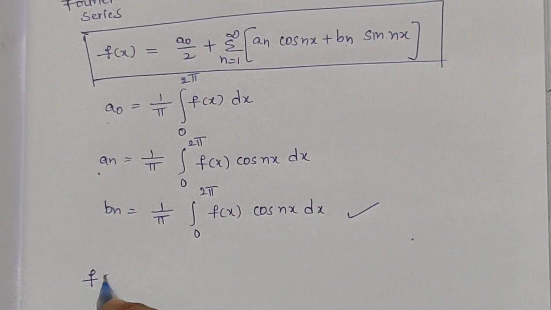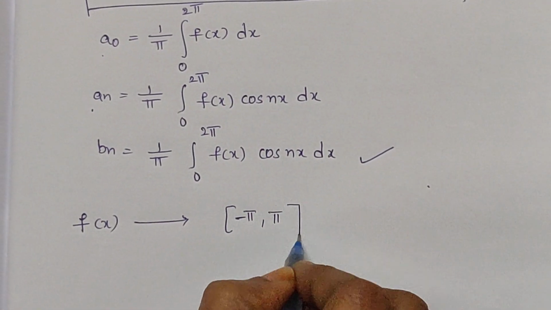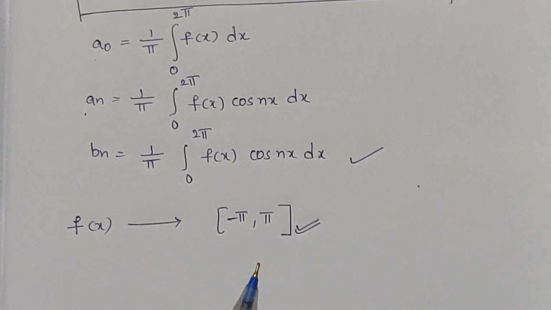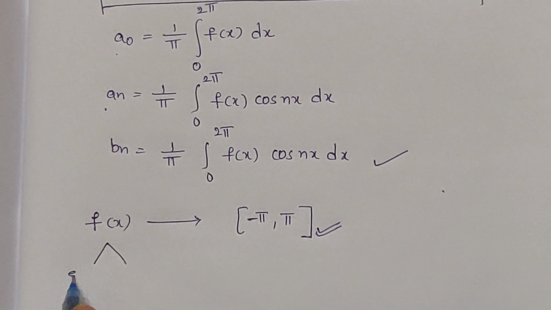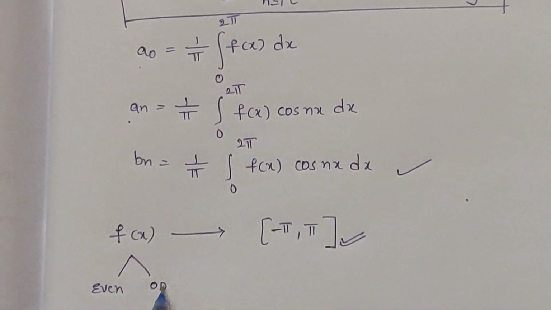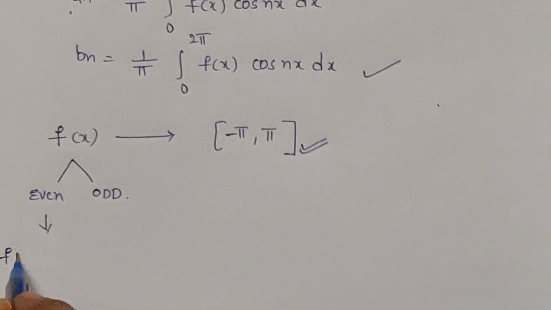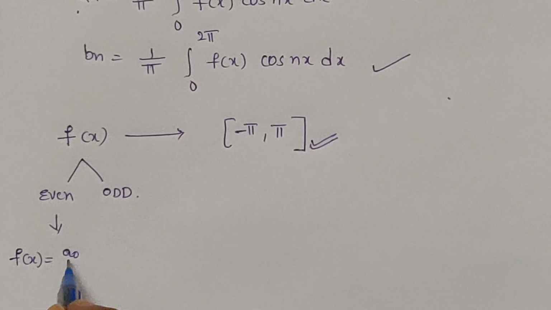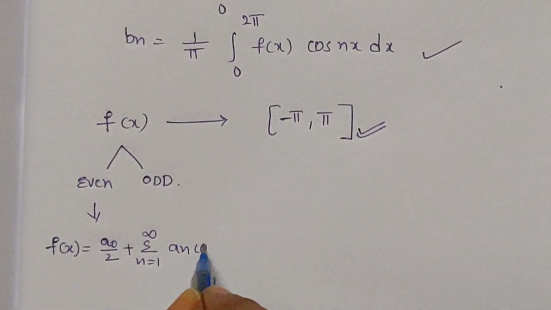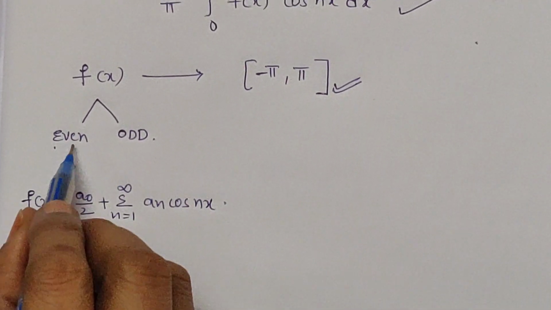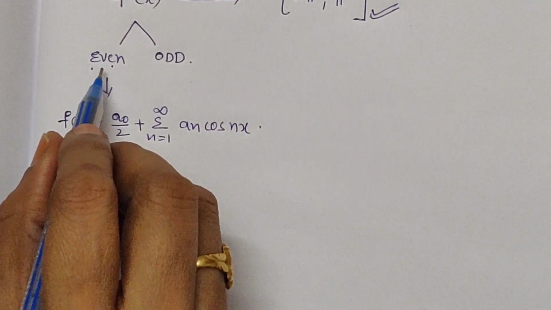Now if the function f of x is defined in the interval minus pi, pi, you have a chance to check whether the given function is even or odd. If the function is even, you will get the Fourier series expansion as f of x equal to a0 by 2 plus sigma n equal to 1 to infinity an cos nx. If the function is even, bn automatically comes out as 0.